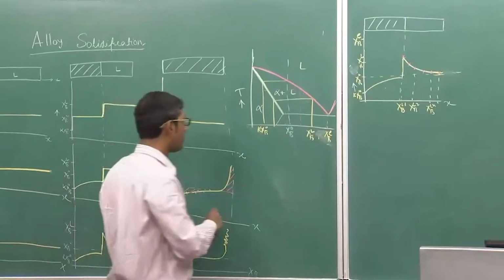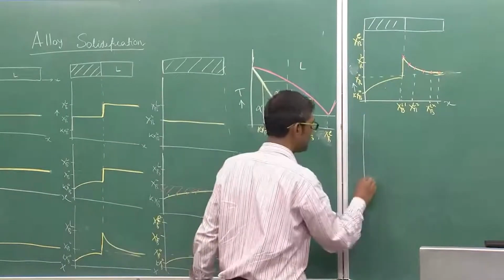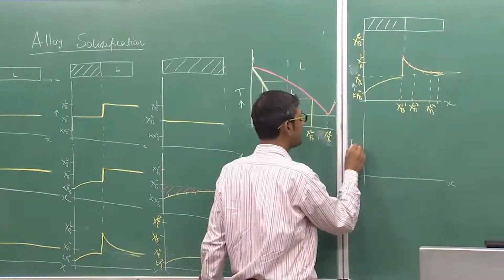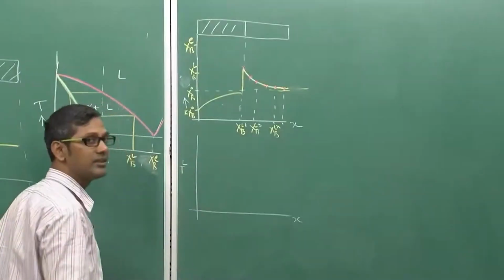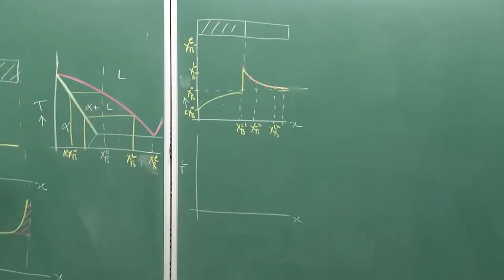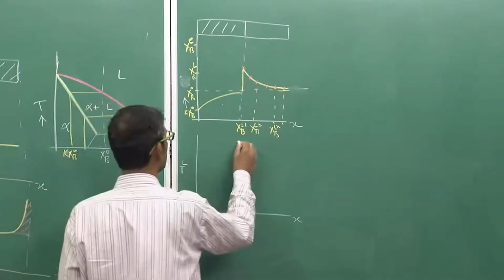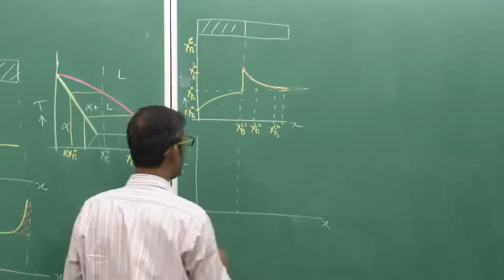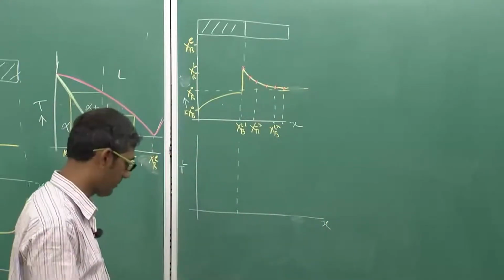So, if I now plot x as a function of TL, where TL is my liquidus temperature, what will happen? I am drawing it for the liquid; for the solid there is no liquidus temperature.